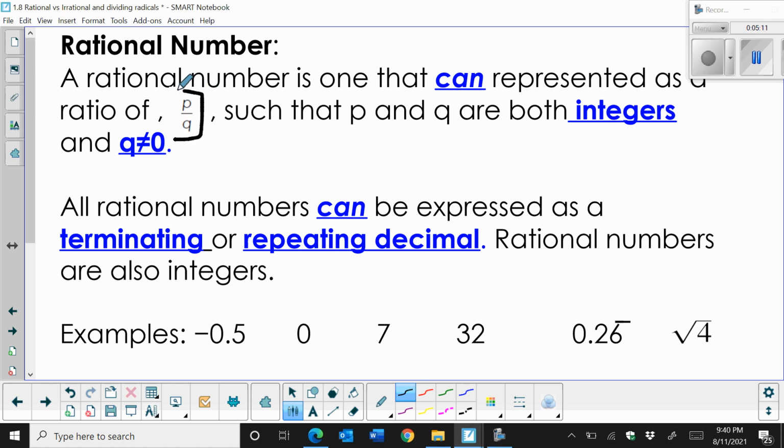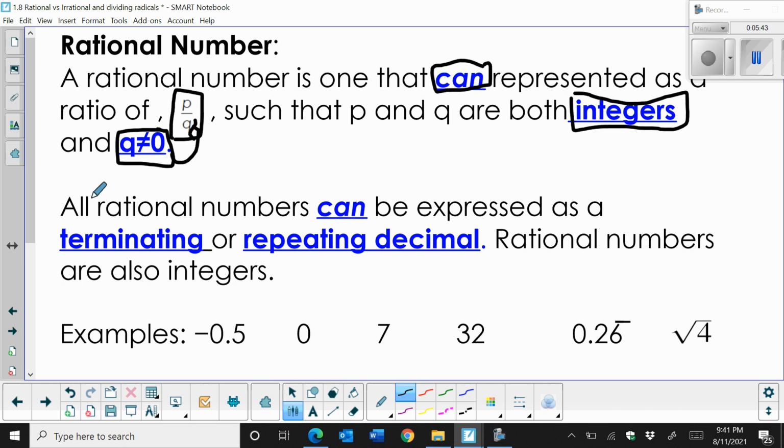So put in this, P over Q, such that P and Q are both integers, meaning that's not a decimal, they're integers, and Q cannot be 0 because you can't divide by 0. So you're going to fill in can, you're going to fill in integers, and you're going to fill in Q cannot be 0.